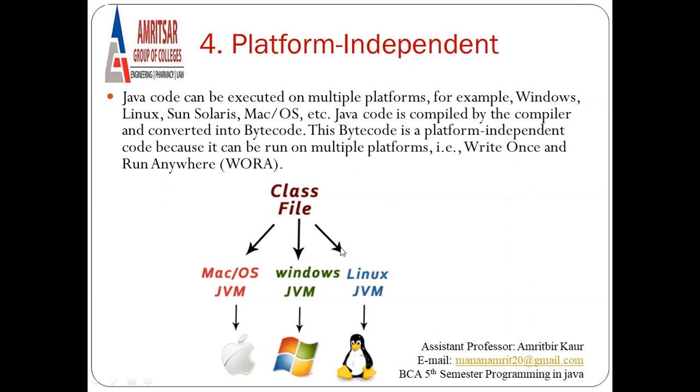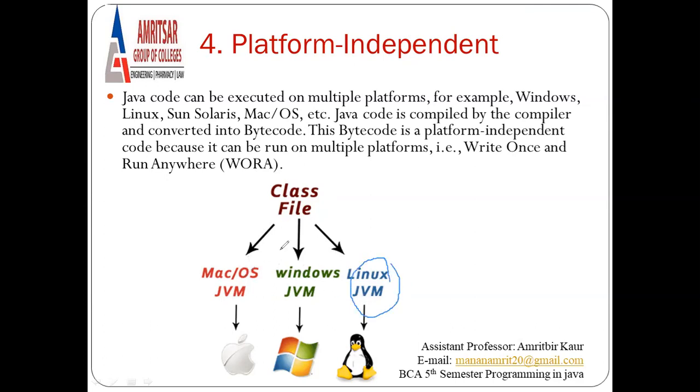For example, we write a program on Windows and we compile it, then it converts into bytecode. Our bytecode is always stored in a dot class file, meaning our class file is bytecode. Now bytecode can be run on Mac operating system, Windows, Linux. If we run it on a Linux operating system, then the Linux JVM will help to execute it.